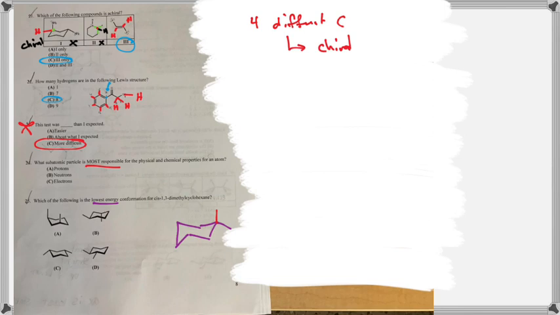Okay, I want the 1, 3, so that by definition is my position 1, 2, 3. I'm going to go to that third position. My axial is straight up and down, and there's my equatorial. Okay, that would be lowest energy. That puts them both aimed which direction? Down, which means cis. So that would work as an example.